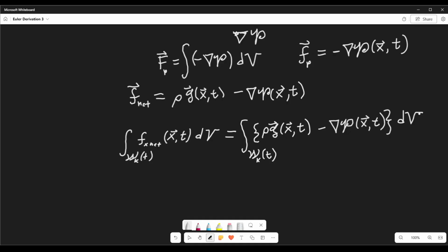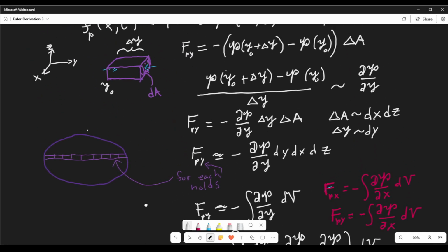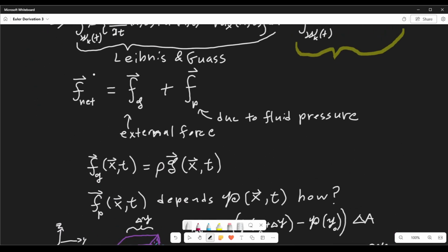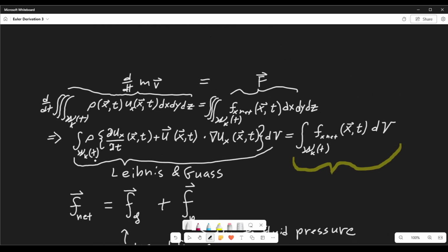So the only thing to do is go back and grab the entire Euler equation, go back up here, take this thing and combine this with the first term.